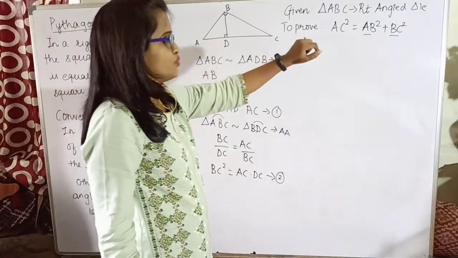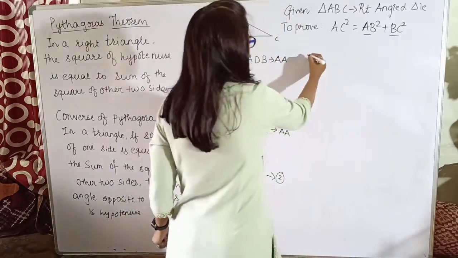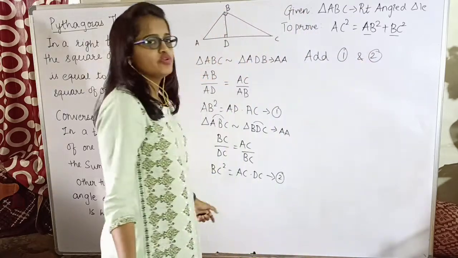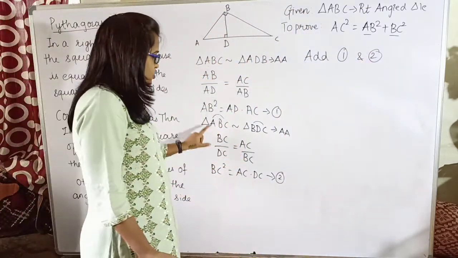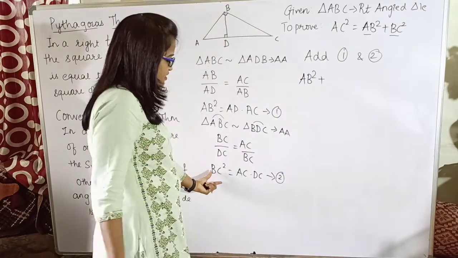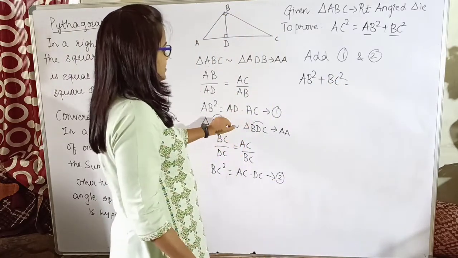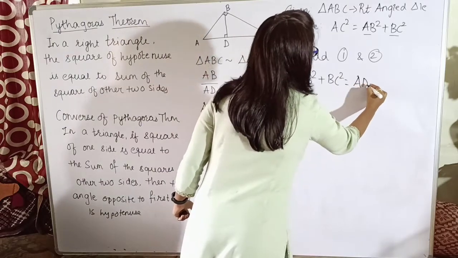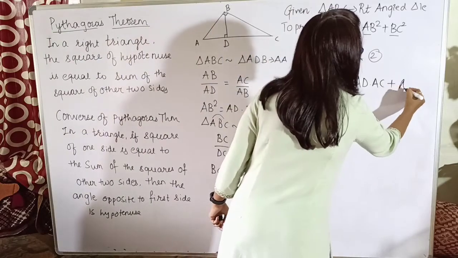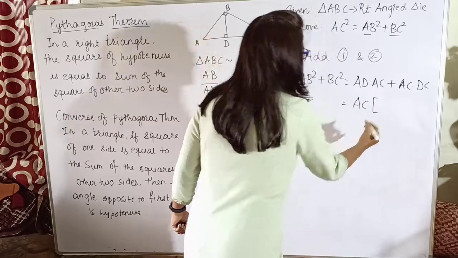In our proof I want the sum of the squares of these two sides. So let us add 1 and 2. Whenever you are adding, you add the left hand sides and the right hand sides. So the left hand side will be AB square plus BC square, which equals AD into AC plus AC into DC. As you can see, AC is common on both terms, so let us take it as common.